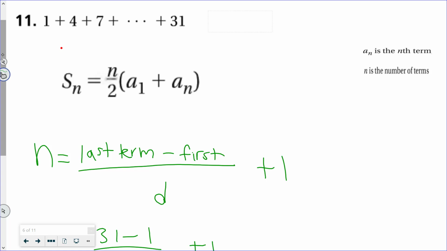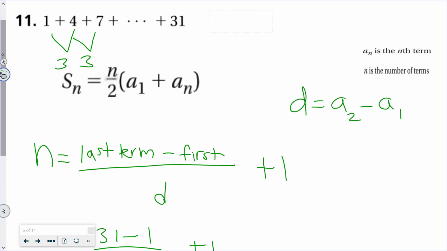Kelvin. The common difference, you subtract a subscript 1 from a subscript 2. So the common difference is a subscript 2 minus a subscript 1. So it's just 4 minus 1, which is 3. This one is 7 minus 4, which is 3. So the common difference is 3.